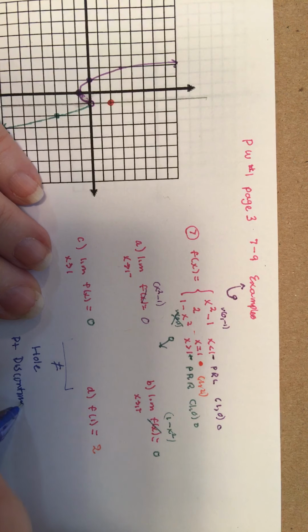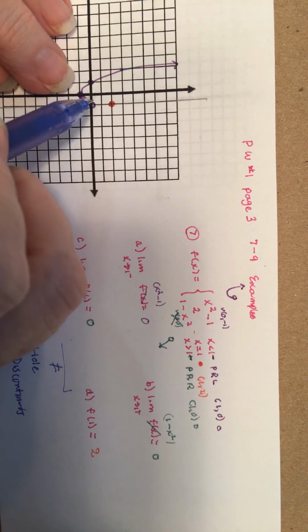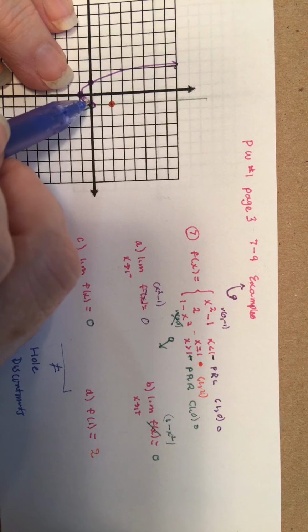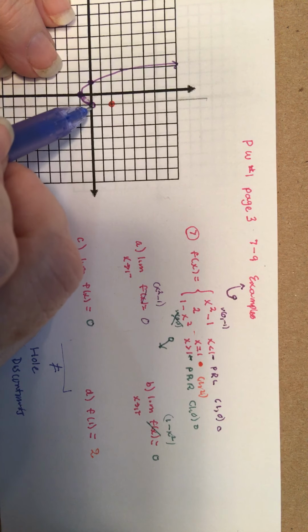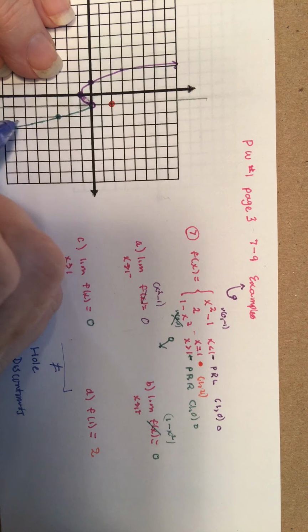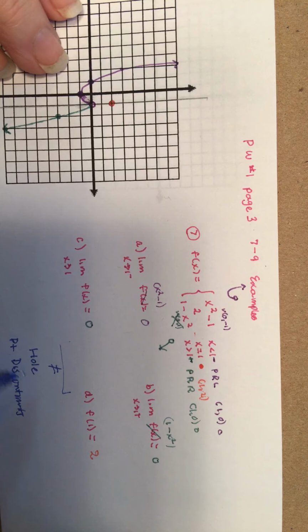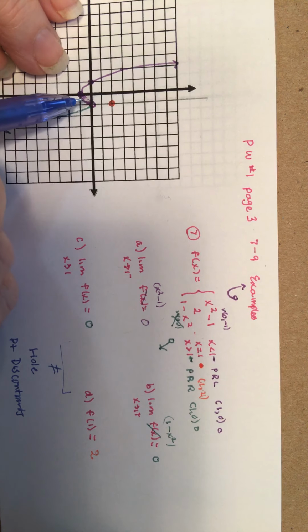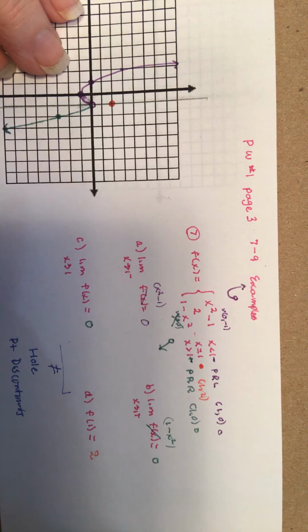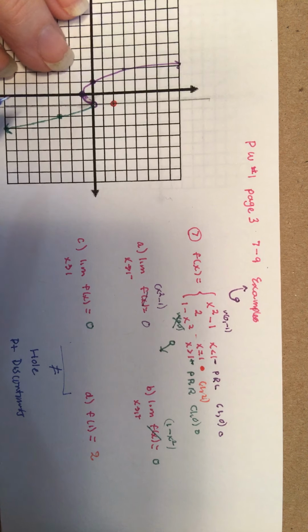And how do we know that it's a point discontinuity? If I came to my open circle and I filled it in, which is illegal, but I filled it in, wouldn't it be nice and continuous? That tells me visually that it's a hole versus a jump. Because when you have a jump, you cannot fill in that hole. But it is still a point missing. It popped out up here.